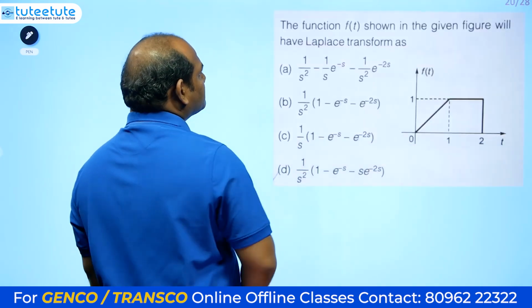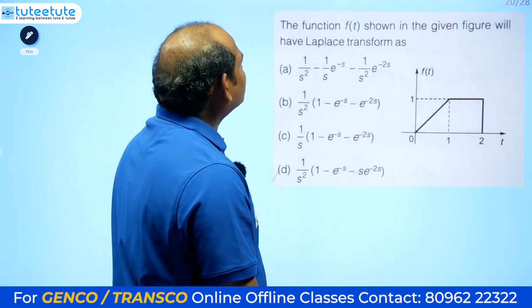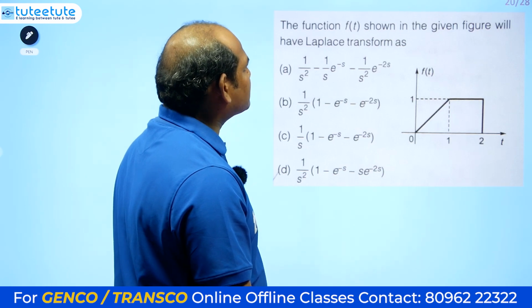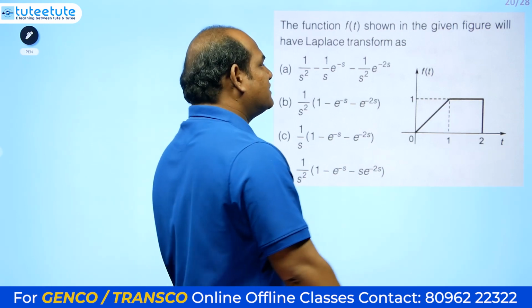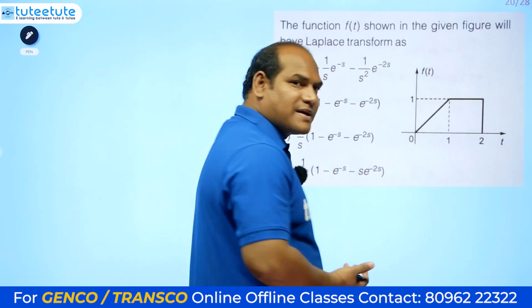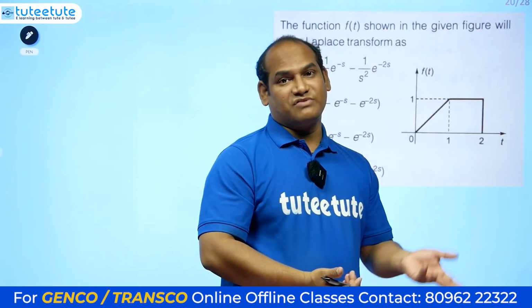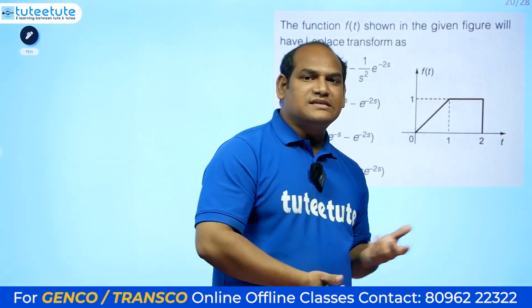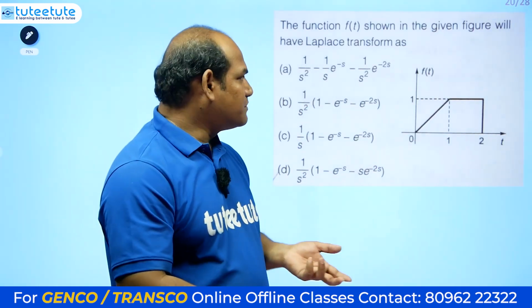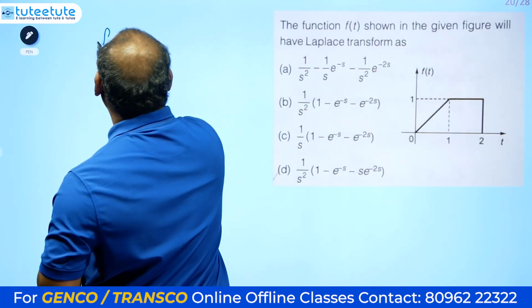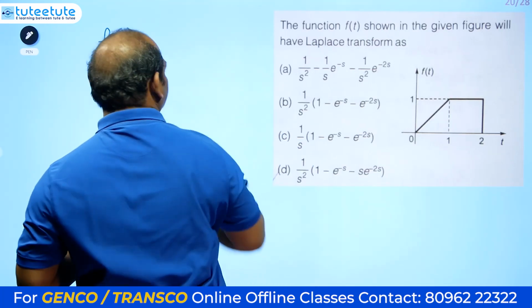Next one, the function f of t shown in the given figure will have Laplace transform as. For this particular signal, we need to calculate the Laplace transform. So to get the Laplace transform, first of all, we should have the equation for that. By observing this graph, we need to write the mathematical equation for f of t. So that one I am writing here, f of t is equal to.